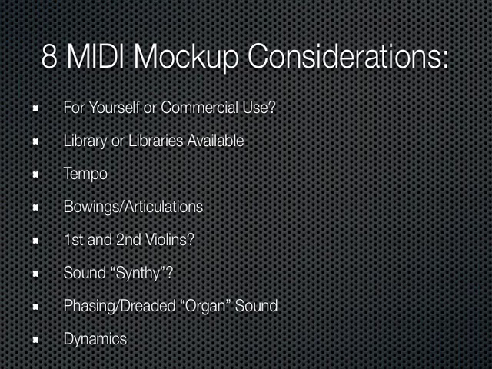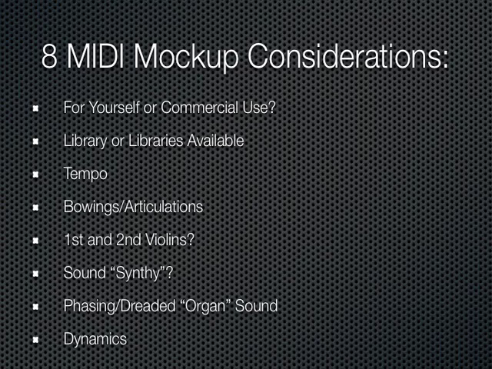Another thing is, do you get the phasing, or what we call the dreaded organ sound? The organ sound means you're using one library, you're keying in this work, and you step back and think, wow, it's going to really sound great, and you hit the play button, and it sounds like an organ. That has to do with the physics of sampling, and you have to do a lot of programming to eliminate that type of sound.